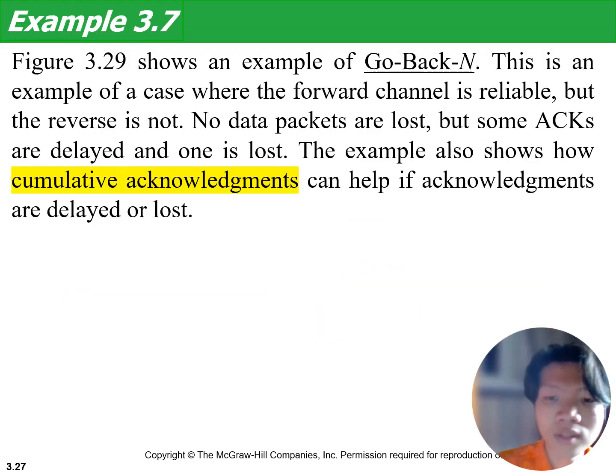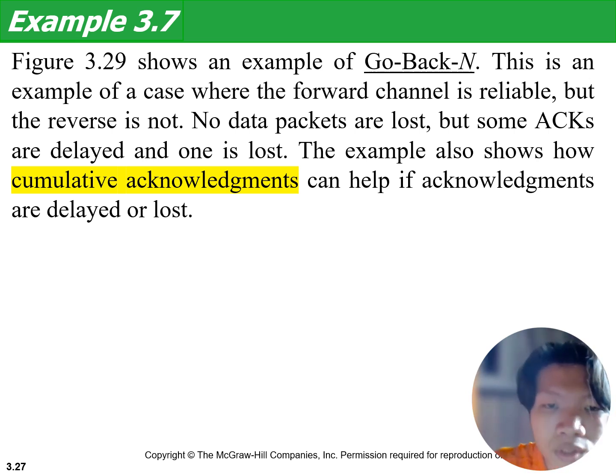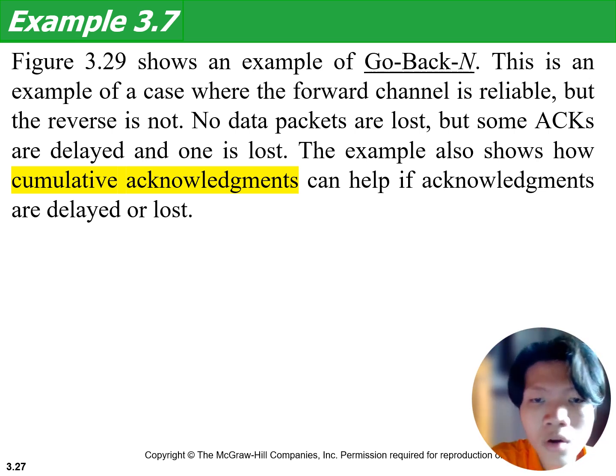Example 3.7. Figure 3.29 in the next picture shows an example of Go-Back-N. This is an example of a case where the forward channel is reliable, but the reverse is not. No data packets are lost, but some acknowledgements are delayed and one is lost.